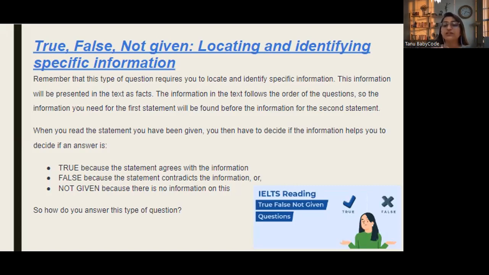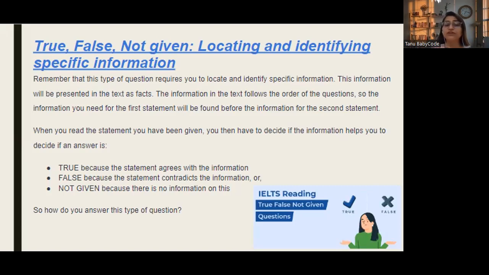The information in the text follows the order of the question. Please mark this statement: the information in the text follows the order of your questions. So the information you need for the first statement will be found before the information for the second statement.